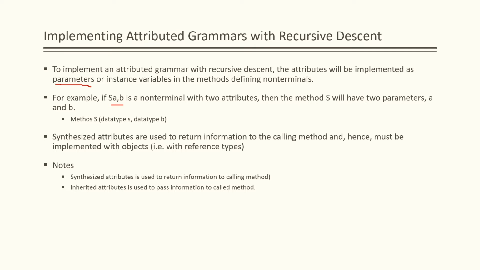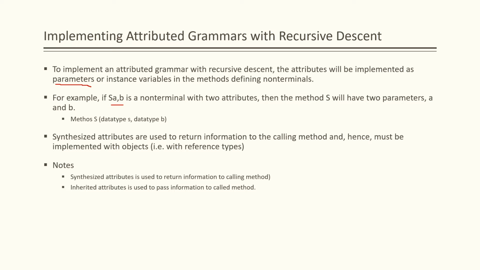Okay, so the method S will have two parameters, A and B. So how do we do that? When you declare your code, you will write method S, and in brackets, data type A and data type B. The data type depends on the program.